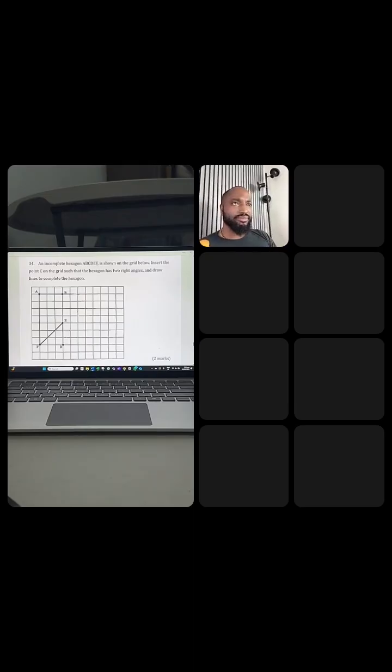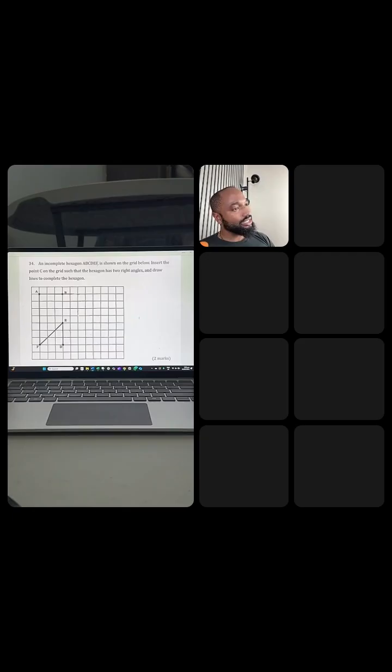An incomplete hexagon A, B, C, D, E, F is shown on the grid below. Insert the point C on the grid such that the hexagon has 2 right angles and draw lines to complete the hexagon. So let me hear the process here. This question doesn't really have a clean process.